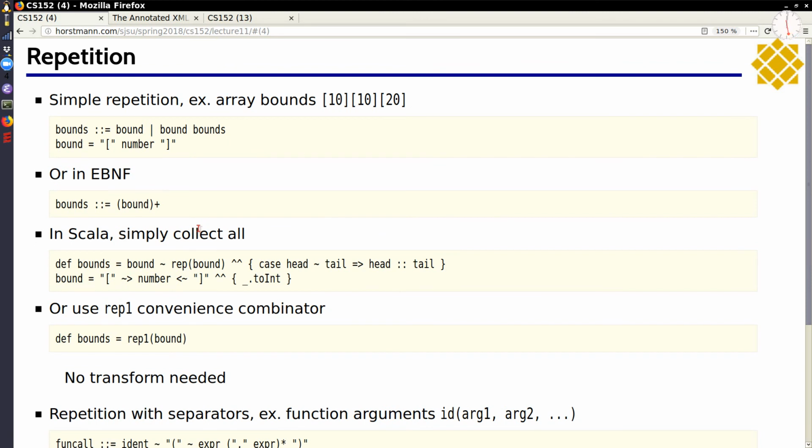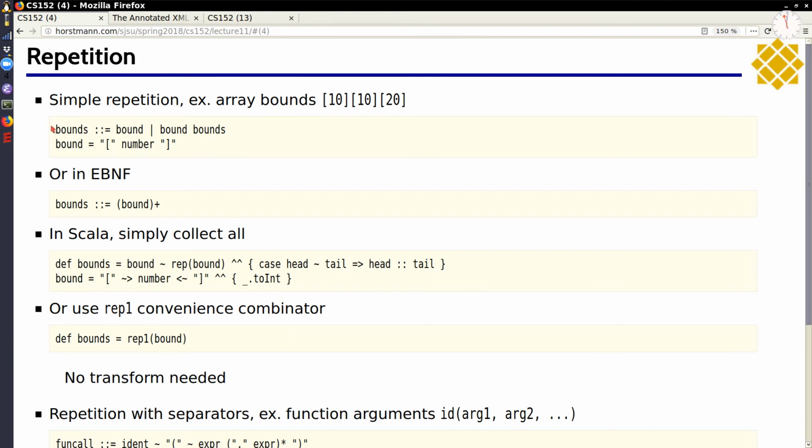So let's first of all see how we deal with common situations. Let's say I want to parse array bounds. The array bounds are sequences of numbers in brackets. Now, this would be in a language like Java or C++, where you might need to parse something like that. So I need to somehow make known that I want to have some number of them.